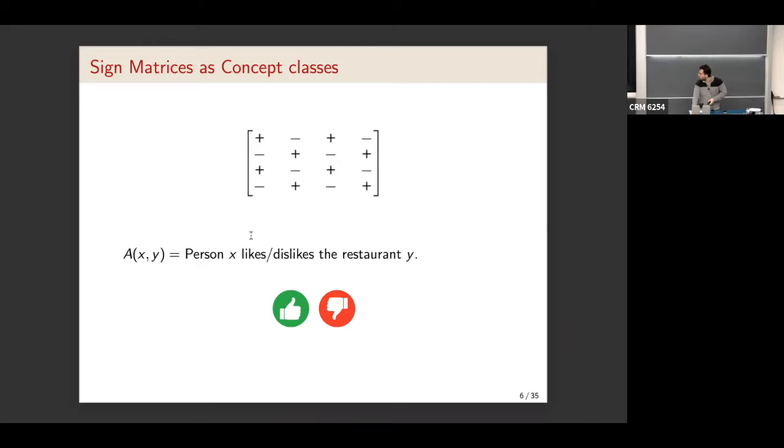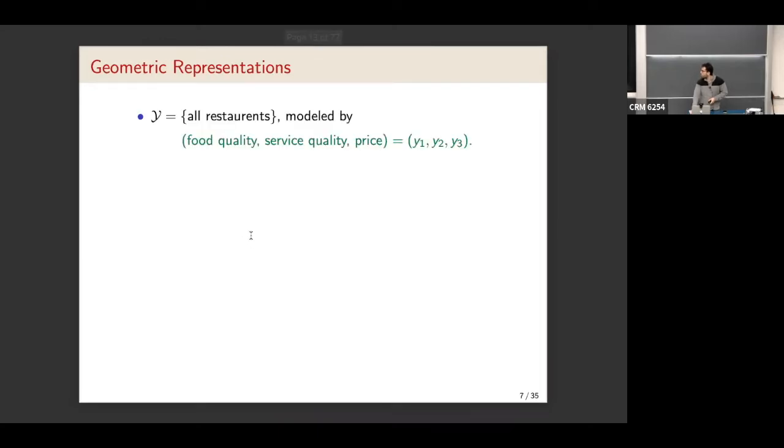Now, so let's try to model this, so some natural models. One way to model these things is you can think of restaurants as represented by 3 numerical features. So food quality, service quality, and let's say price. So every restaurant you represent with these 3 numbers, like some ranking or rating for those things.